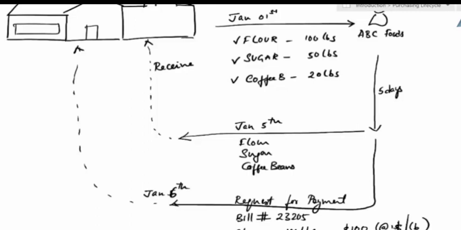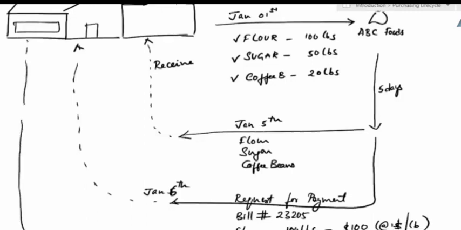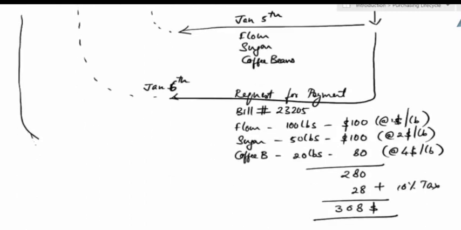Now, I have some time to pay this invoice. I don't need to pay it immediately. So I have some time. I take my time, and maybe on Jan, say 25th, I pay this invoice.